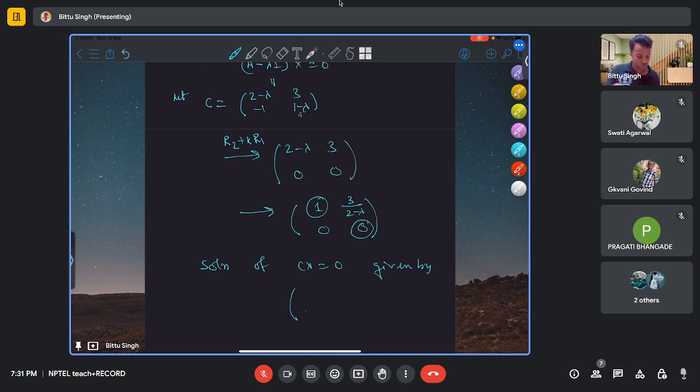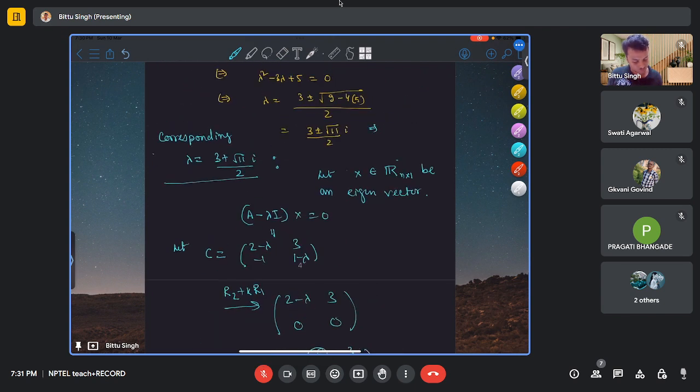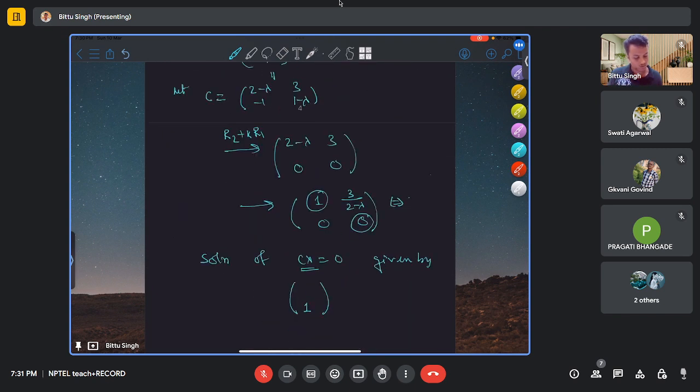So from here you can choose the second variable to be any free value. Then this will imply the first thing will be, because this is actually equivalent to Cx equal to 0. Actually x is this type of thing, x1 comma x2, right?